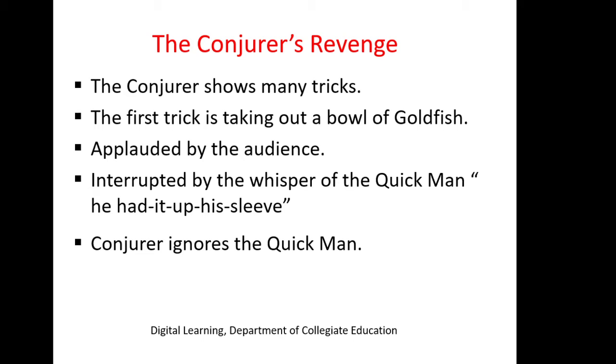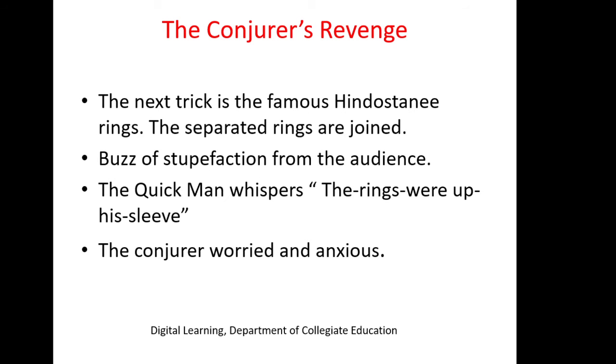Then the people begin to have their own doubts. But the conjurer at this point ignores the quick man. The next trick that the conjurer performs is the Hindustani rings trick, where the separated rings are joined with a clang.